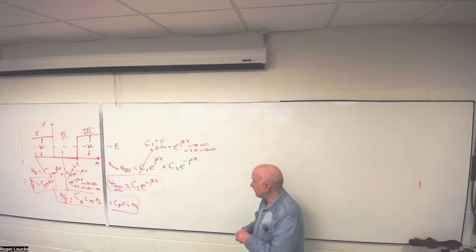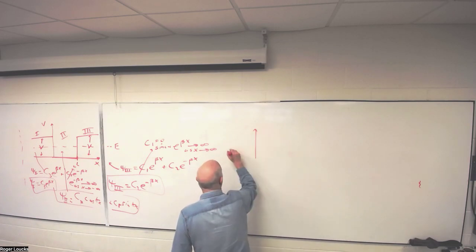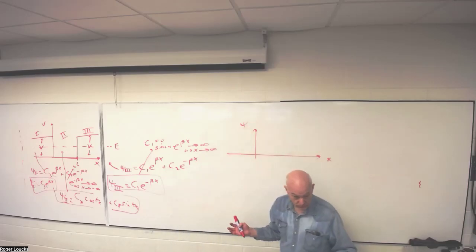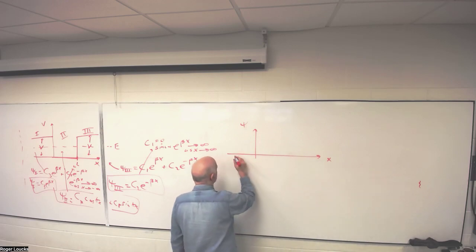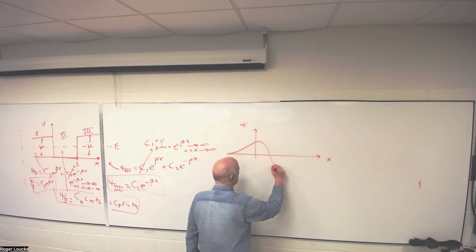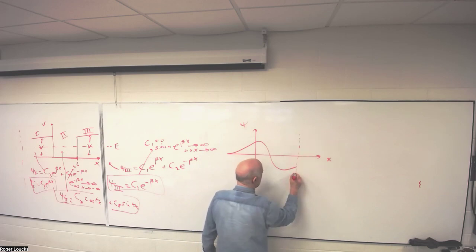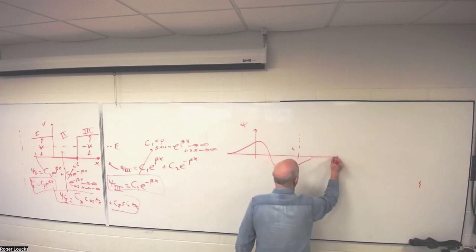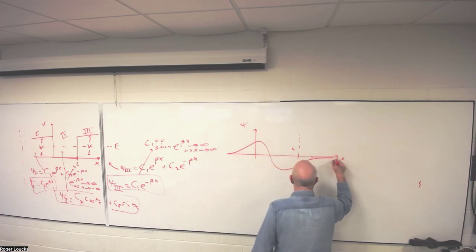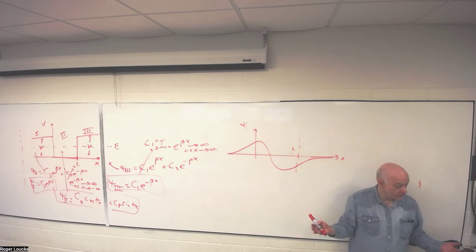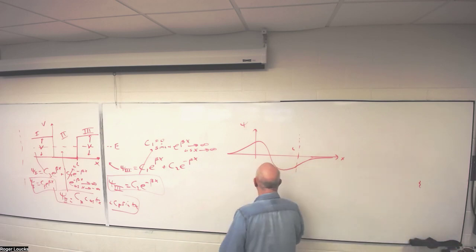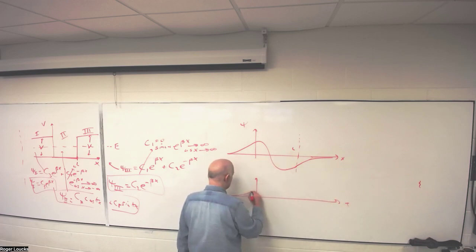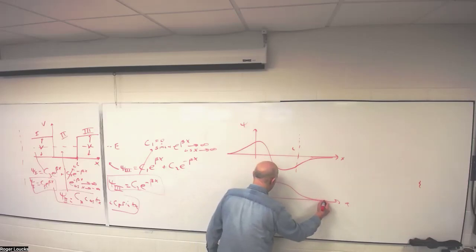And we said if we drew our psi versus x, we could have a lot of different looking things here. So this right here would be my x, this is my L. I could have something like this. That'd be a perfectly fine one to have. We also have one that goes like that.